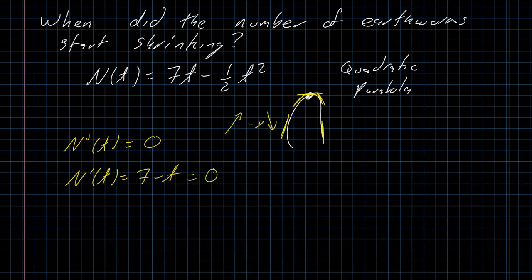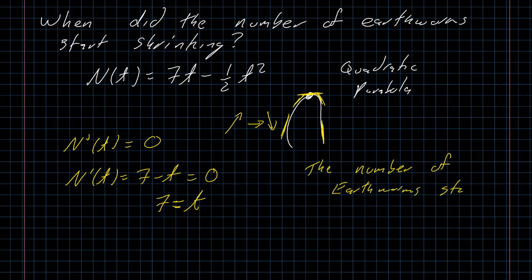And since we have a formula for n prime of t, we can rearrange quickly and get that the number of earthworms started shrinking after 7 hours.